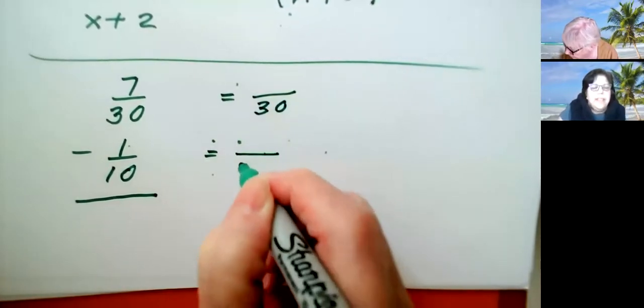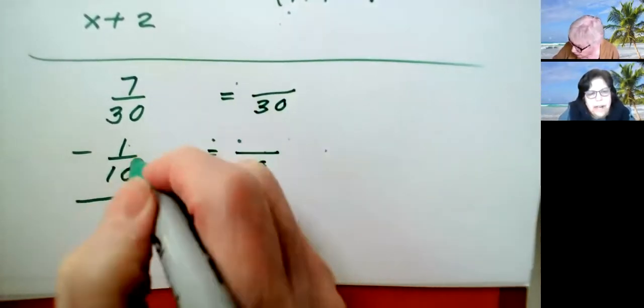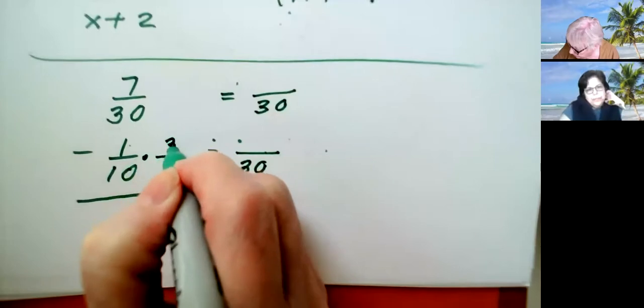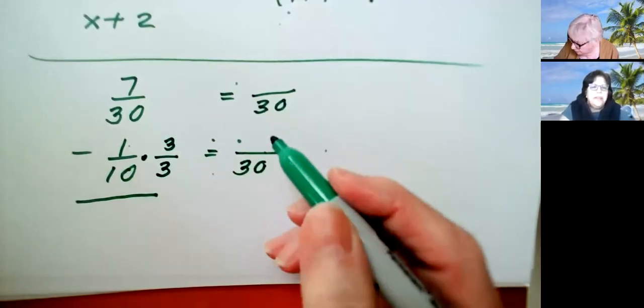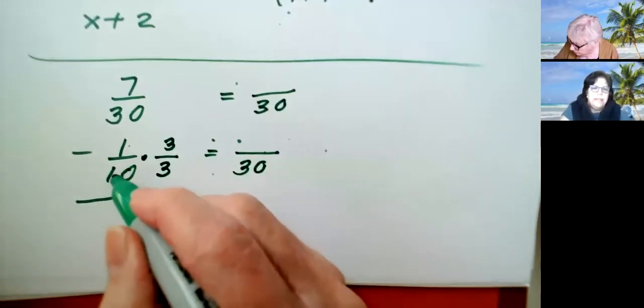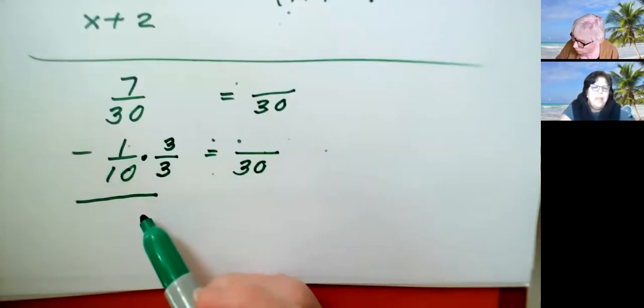And then I did, so do I do 10 times 3? Yes. Top and bottom. And then 30 times 1 and 7 times 1, is that right?